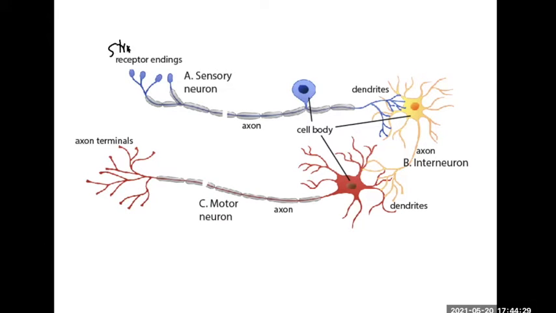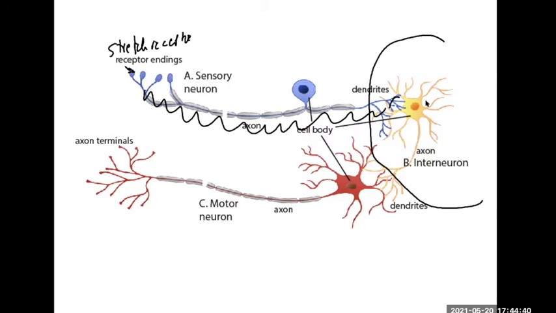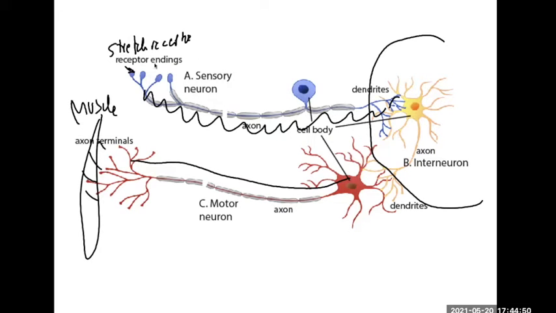A stretch receptor, maybe in the muscle, right? Stimulating these guys, action potential goes down, goes into the central nervous system, does something or other in the spinal cord, and then goes out here and connects to a muscle, right? And that's the somatic, that's a very simple reflex.